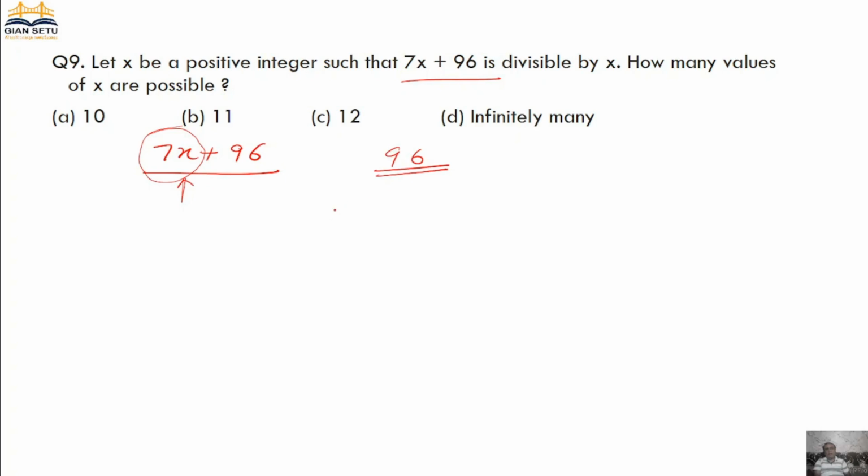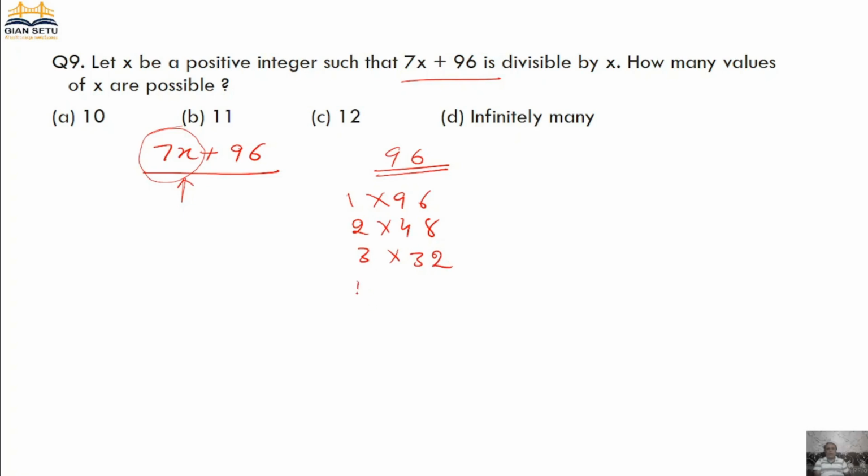Now the factors of 96 are 1 into 96, then we can have 2 into 48 or 3 into 32, right?